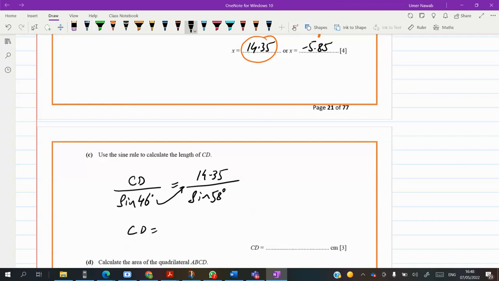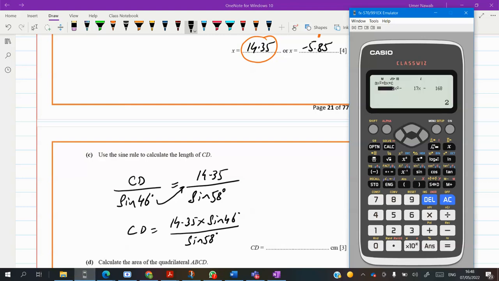So CD is equal to 14.35 into sine of 46 over sine of 58. 14.35 times sine of 46 over sine of 58, bracket close, and you get your answer 12.2.